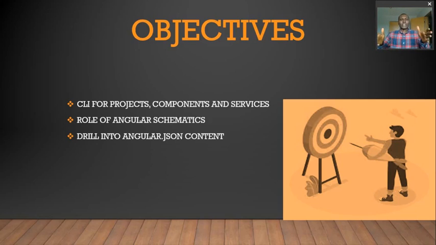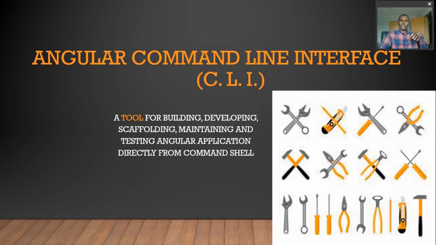The CLI serves a lot of purposes, especially in Angular applications, because the Angular community and engineers have decided to design a CLI to make production easy. And number two, we're looking at the role of schematics, especially Angular schematics. Then we'll also look at drilling into the angular.json file in our entire project.